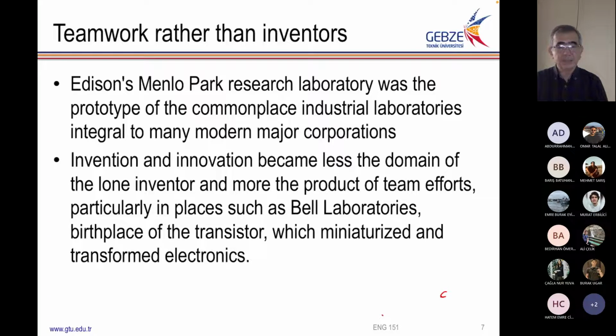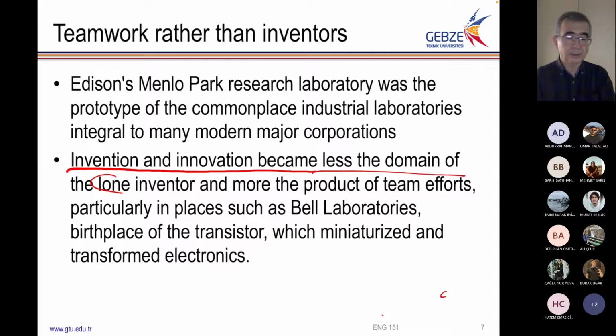So invention and innovation with the Third Industrial Revolution became less the domain of the lone inventor. In the early days, when you were an inventor, people thought that you were a crazy guy and you invented things at your home or at your castle, etc. You are rich, or a rich person is funding you, so you are an inventor.